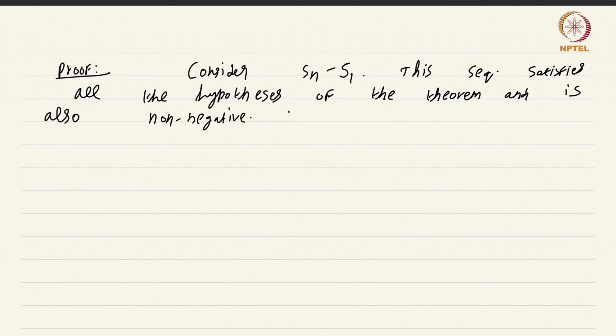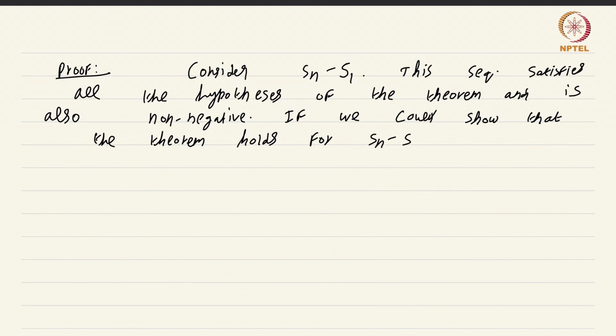If we could show that the theorem holds for S_n minus S_1, then it automatically holds for S_n as well. If S_n minus S_1 increases almost everywhere to a function g, then the required function f is nothing but g plus S_1, as you can see. So we will prove it.